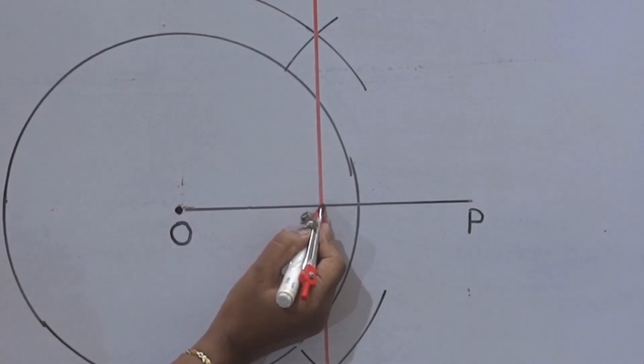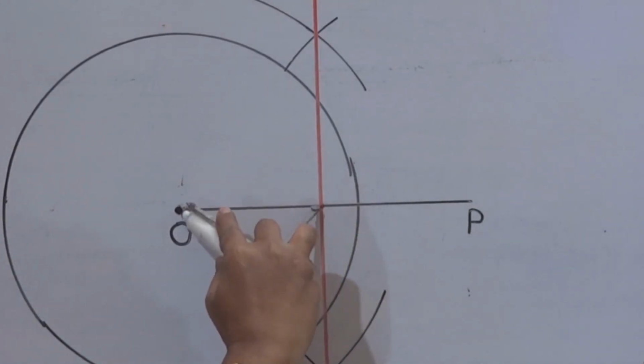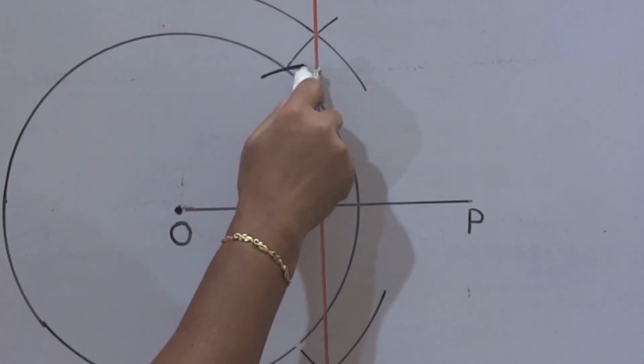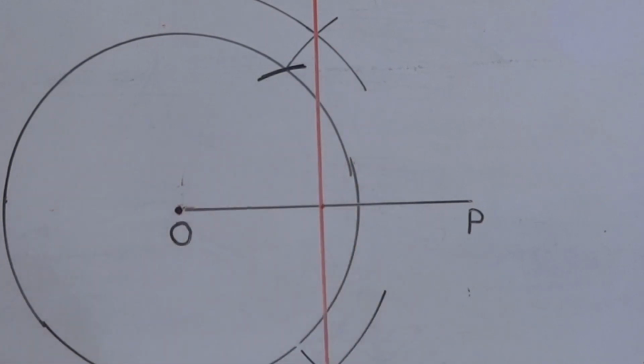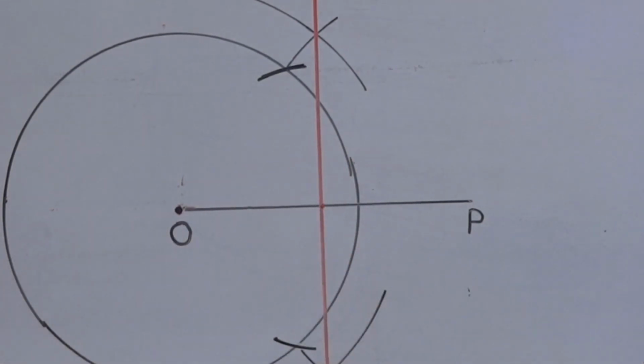This will give us the midpoint. Now, keeping the needle at this midpoint, taking this distance, you just mark an arc on the circumference of the circle on both sides. Now you just draw the lines starting from P, passing through these arcs.